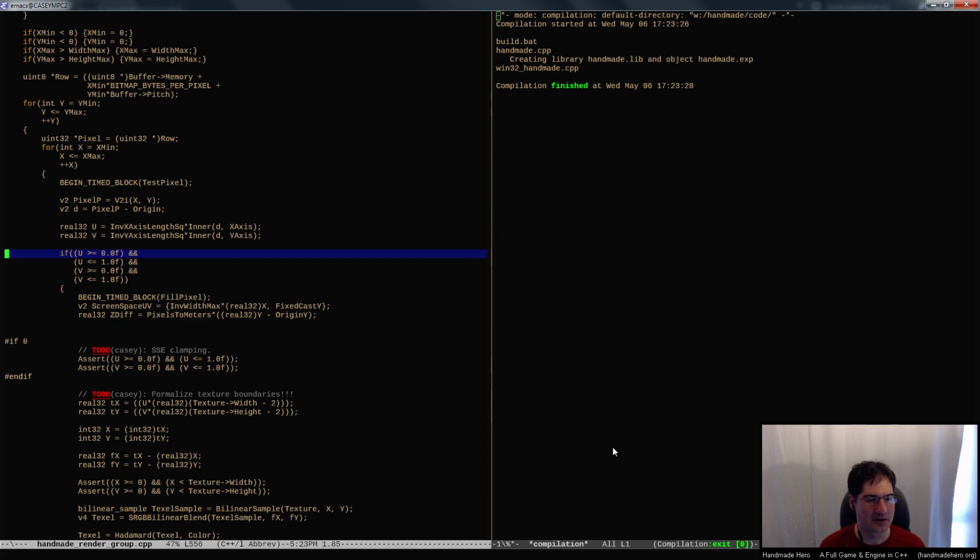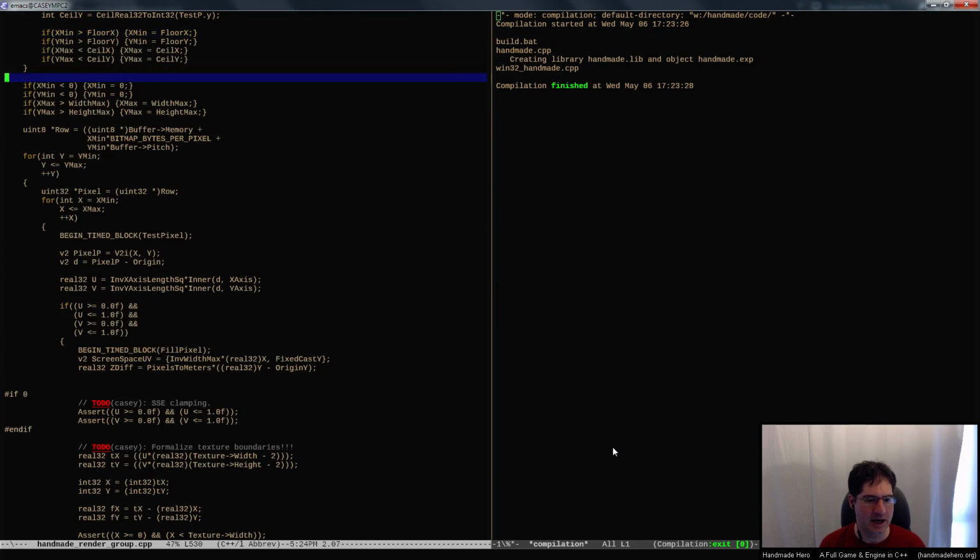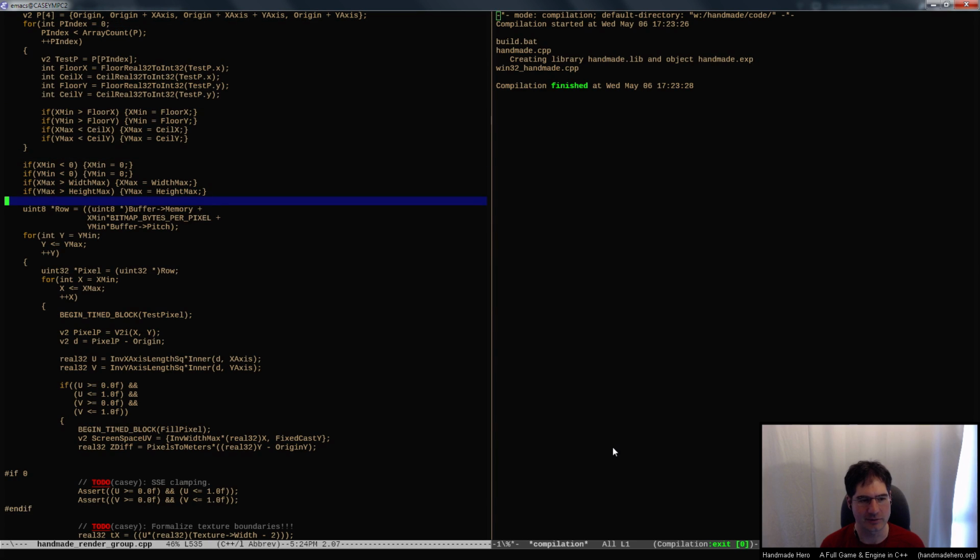Okay. So anyway, that seems much smarter, because now we just have that inner product times the inv axis length, which seems pretty good. But now that I think about it, that's already doing too much work too, because we could have just pre-multiplied the x-axis by the inv axis length squared to begin with. And if we did that, we wouldn't have to multiply it every time. So that seems like a reasonable thing to do as well.